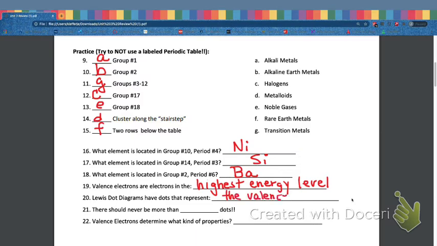So remember, the Bohr-Rutherford diagram shows us all of the electrons, but the Lewis dot diagrams just show us the valence electrons. There should never be more than 8. That's the maximum number. And they determine our chemical properties.